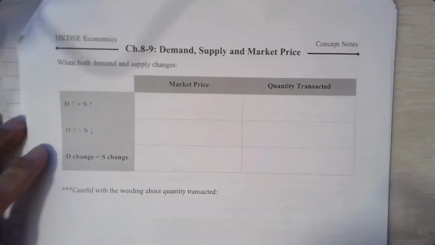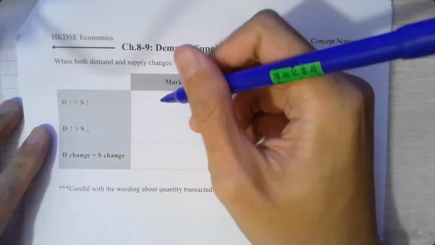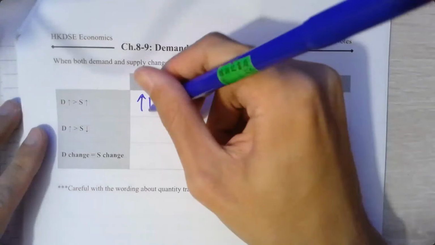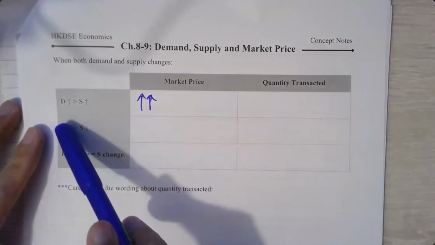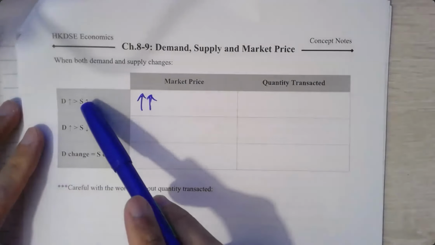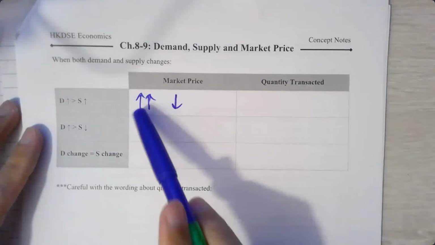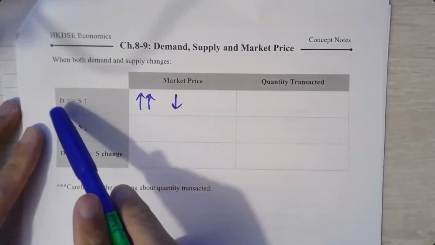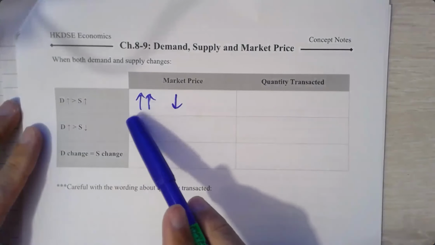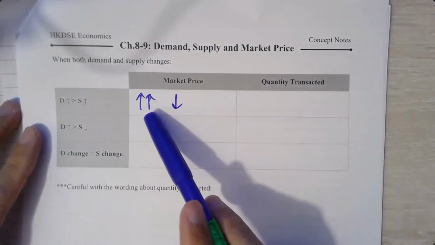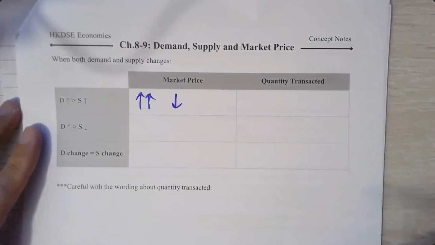If you remember from our previous page, demand increase, price would go up，你見我畫兩個箭嘴有原因嘅。Then supply increase, price would go down。Why do I use two and one? Because the increase in demand is larger. Therefore, I use two arrows. 咁咪大啲咯，係咪啊？Supply increase, decrease in price.